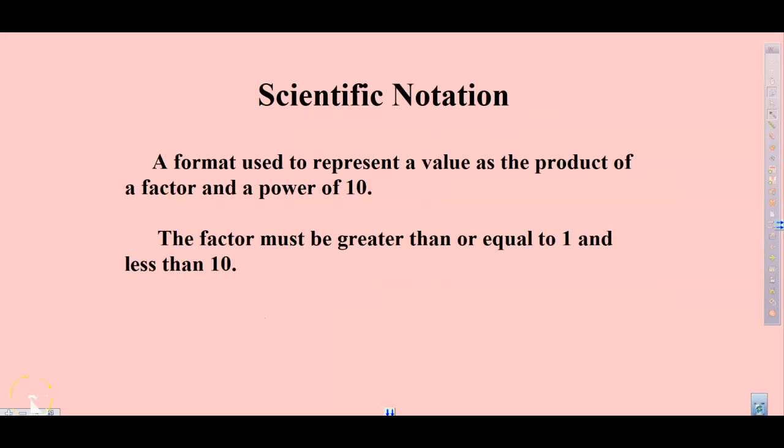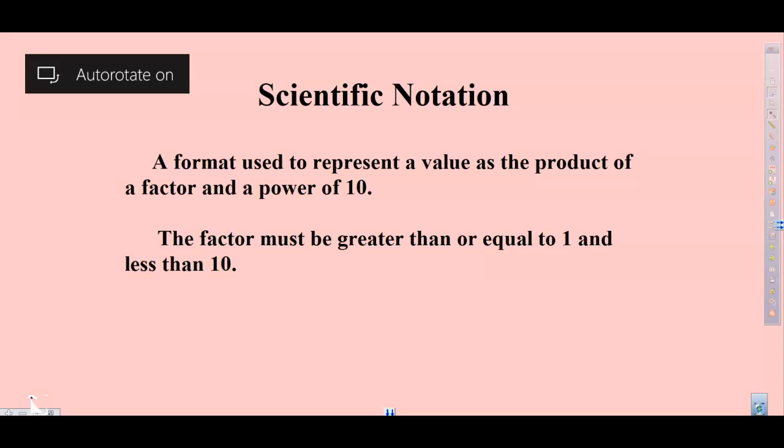Let's start with what scientific notation is. Scientific notation is a format that we use to represent a very large or very small value as a product of a factor and a power of 10. One thing we have to remember is that the factor needs to be greater than or equal to 1, but less than 10.